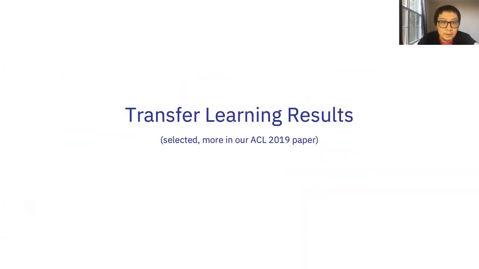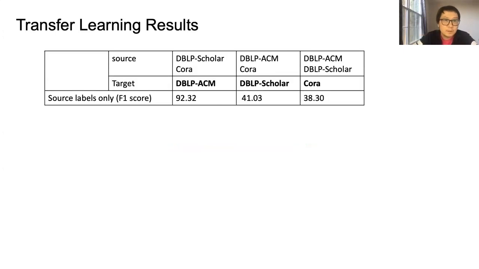Okay, so next, I'll give you some transfer learning results from our ACL 2019 paper. Here we have tested on three different scenarios, and as you can see here, what the source data is and what the target data is that we're trying to transfer to. Here this shows the F1 score achieved if we just use transfer learning without domain adaptation.